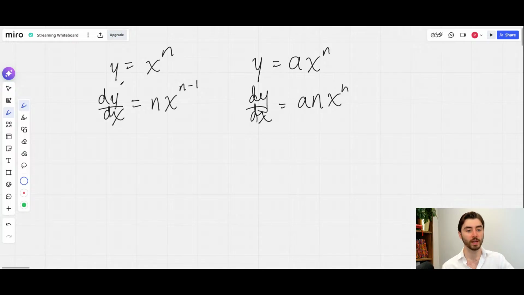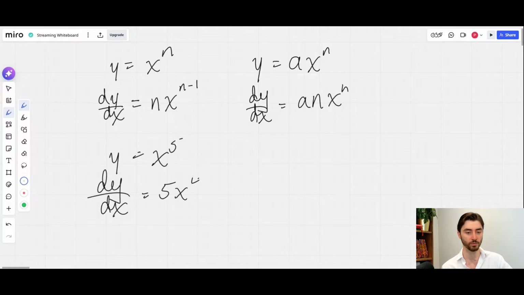So for instance, if we had y is equal to x to the 5, if we were to differentiate that, that would become 5x to the 4. And if we were to have y being 3x to the minus 2, then dy by dx, we would bring that down to make that minus 6, 3 times the minus 2.